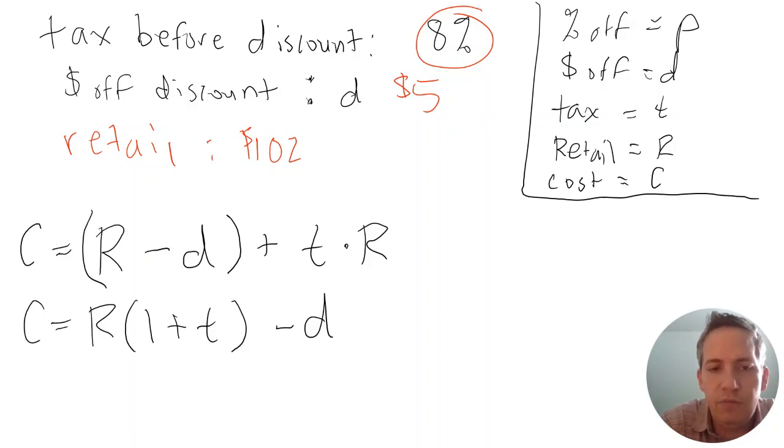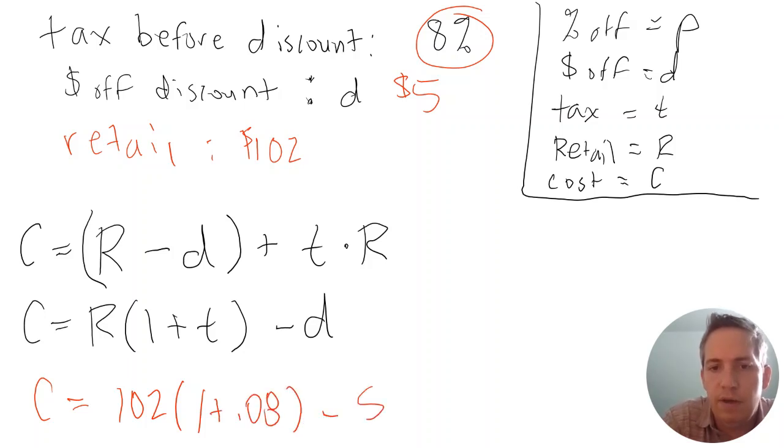Then if I plug it into this formula, the cost is going to equal 102 times 1 plus 0.08, minus the discount of 5. So if I plug it in, 1.08 times 102, and then I subtract 5, gives me 105.16.